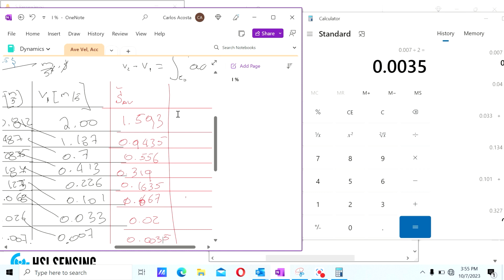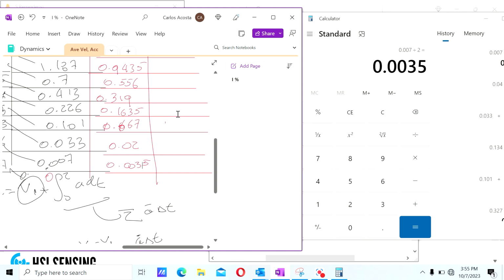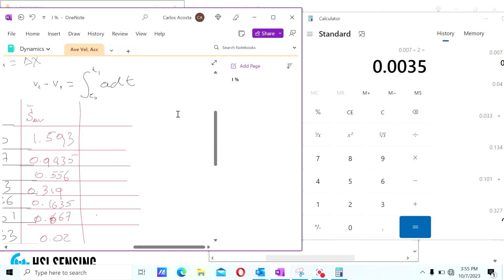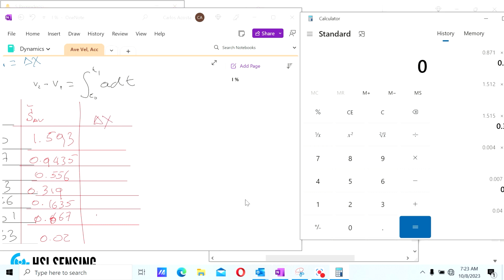All right, so here we have to do the same thing as we did before. Here we basically have to add up these numbers so that we can have our delta x, or average spacing or displacement.